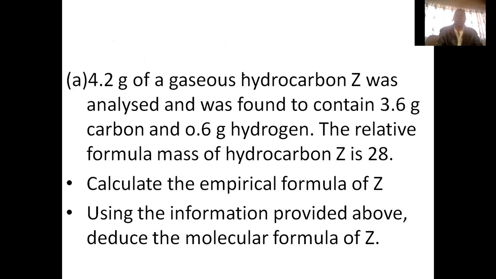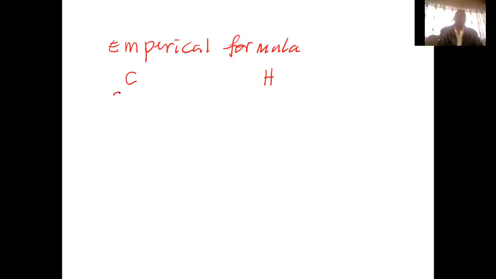we are going to look at carbon and hydrogen. We are told that the mass for carbon is 3.6, while that of hydrogen is 0.6. The second step is that we are supposed to divide by the relative atomic mass.